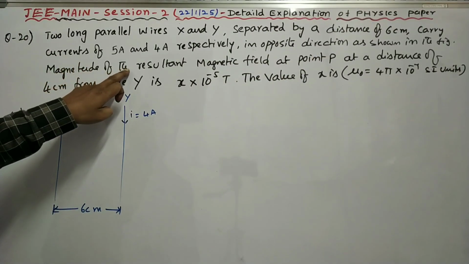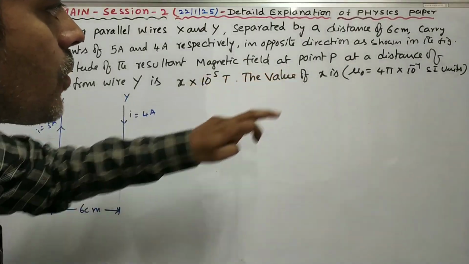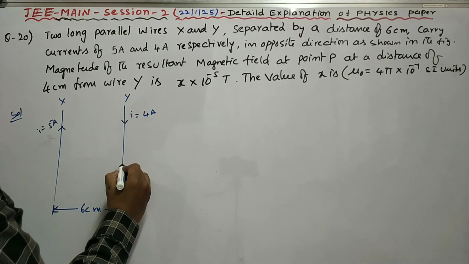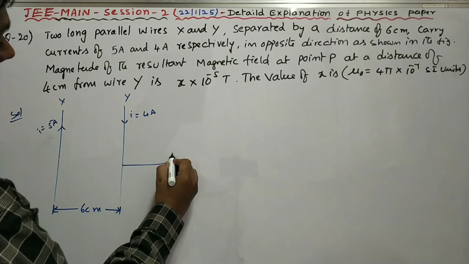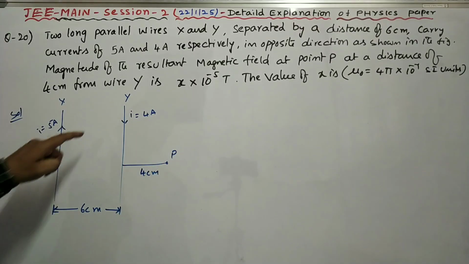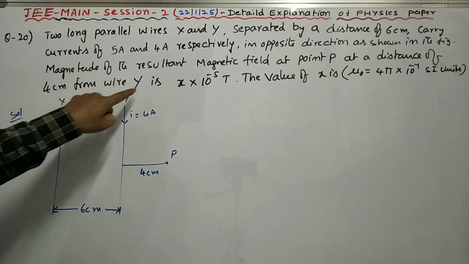The magnitude of the resultant magnetic field at a point P at a distance of 4 centimeter from wire Y is something.